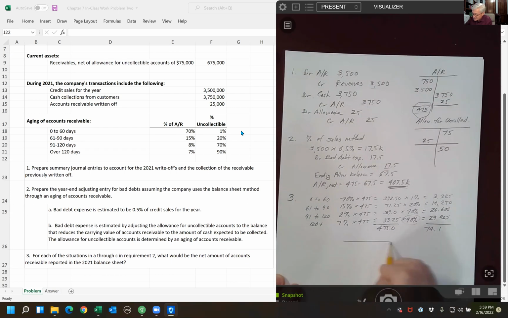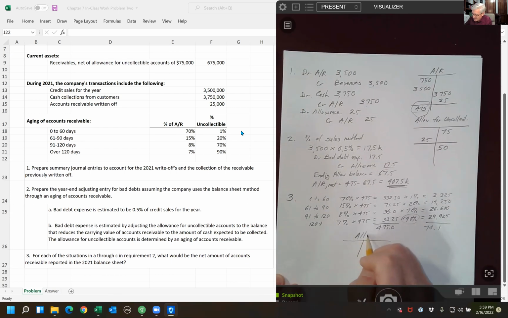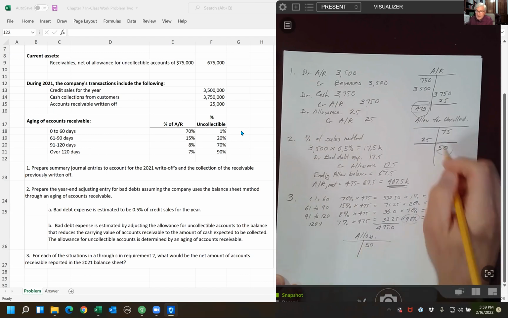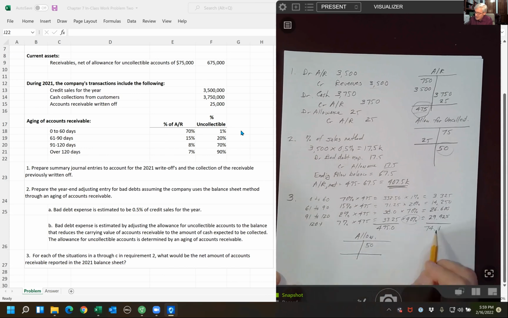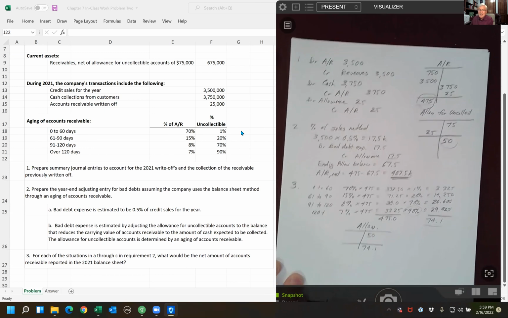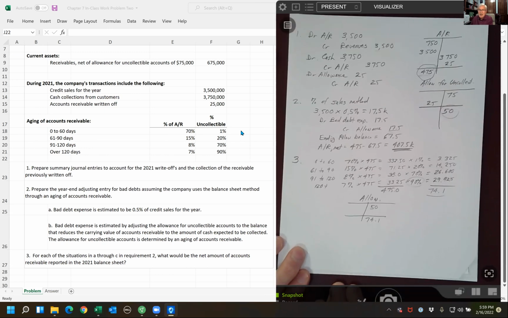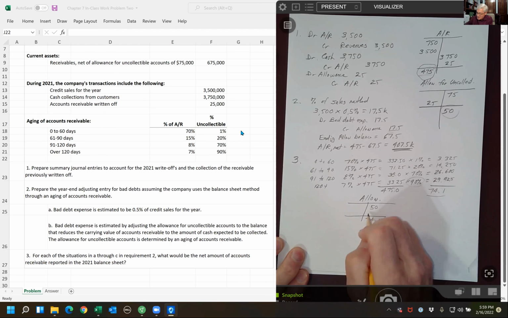Again, look at our allowance account. Right now it has 50. That's this 50 that's up here. But we wanted to have 74.1. This one's a little easier than when we have a debit balance. So what do I need?